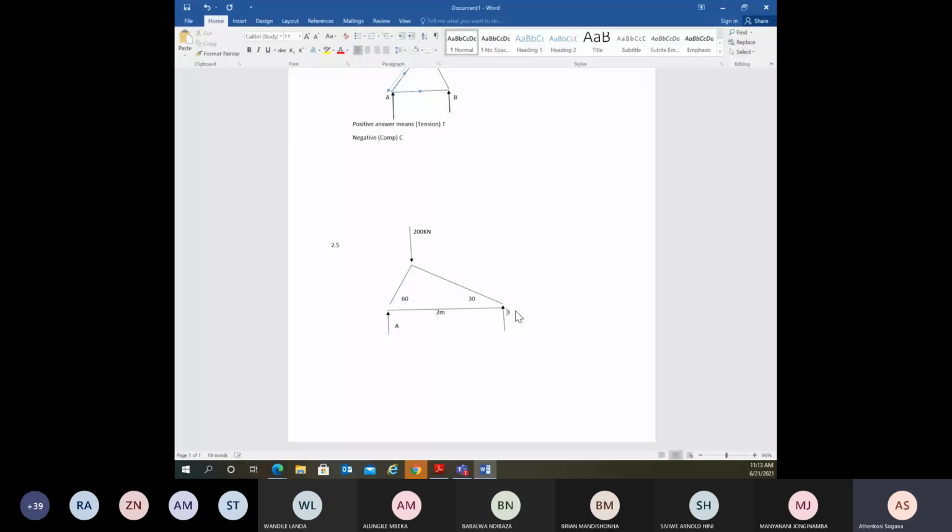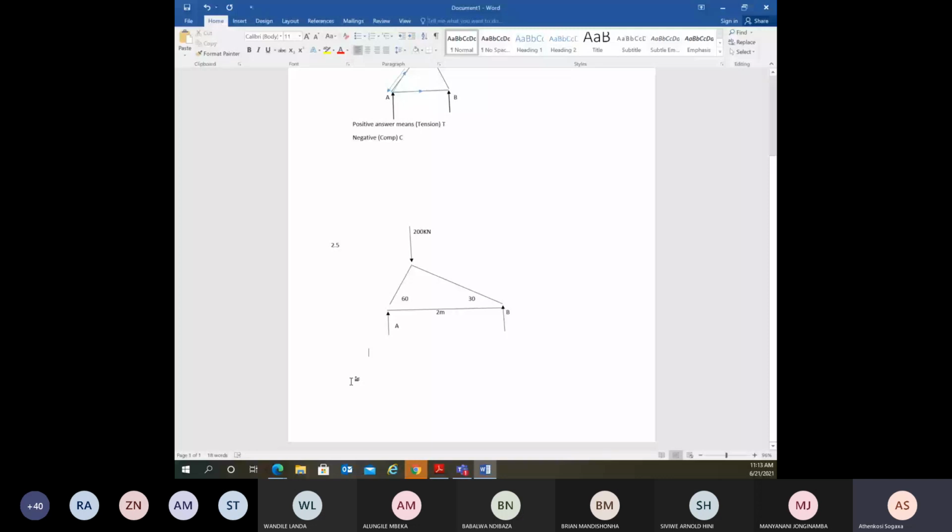That means you want to determine the reaction at A and the reaction at B. If you take moments about B, you know the sum of moments is equal to 0.